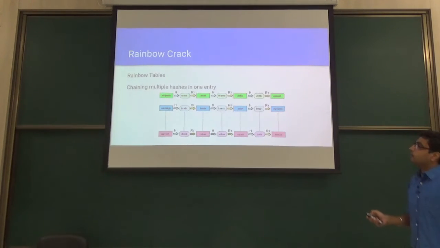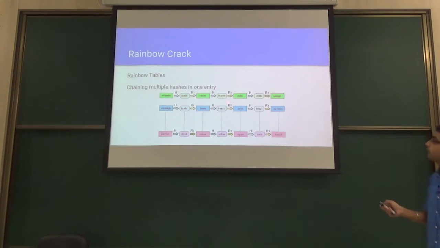So for some of the passwords, we calculate the hash function, then apply the reduction function. This is again a plain text, then apply again the reduction function, and so on. We'll only store the first and the last entry of the chain. So how much saving did we achieve? We only stored Wikipedia and this corresponding hash.